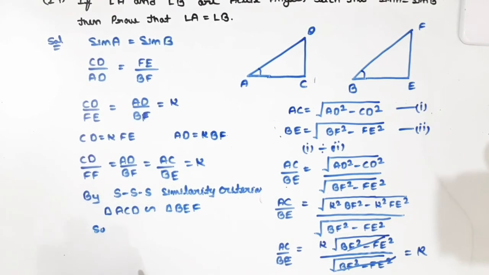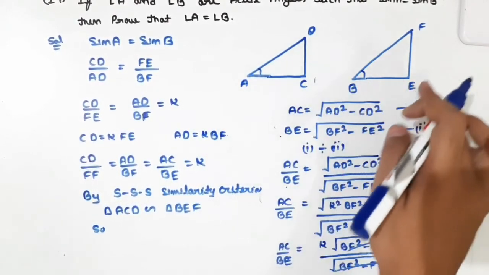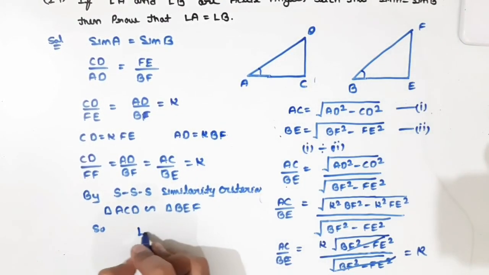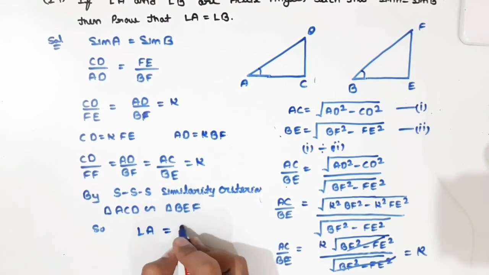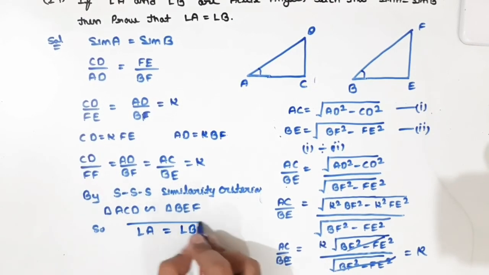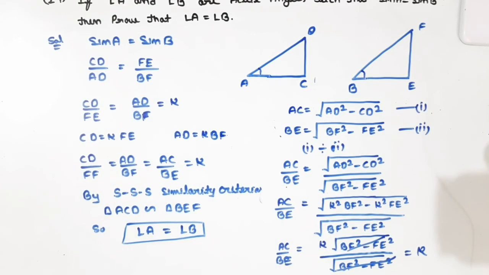Since both the triangles are similar, angle A will be equal to angle B, hence proved.